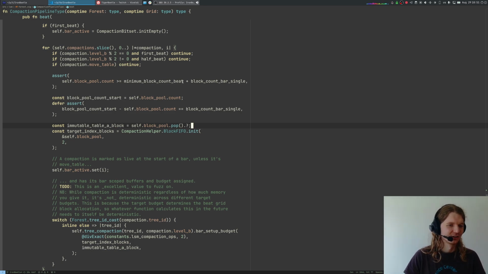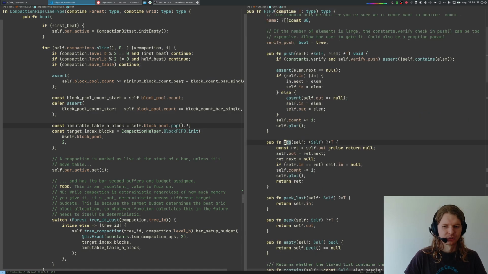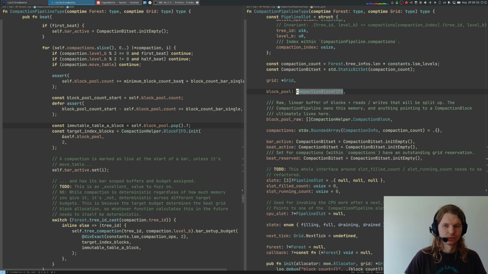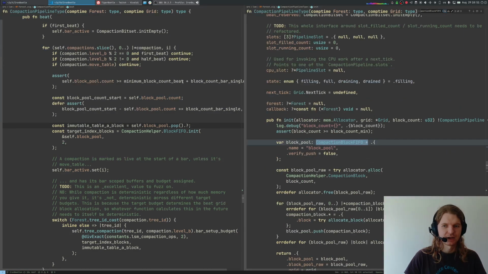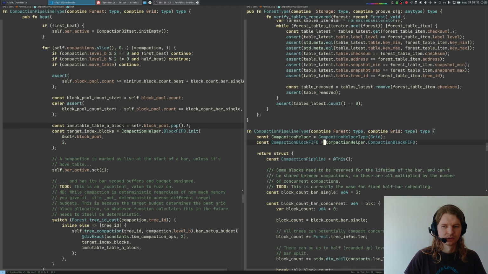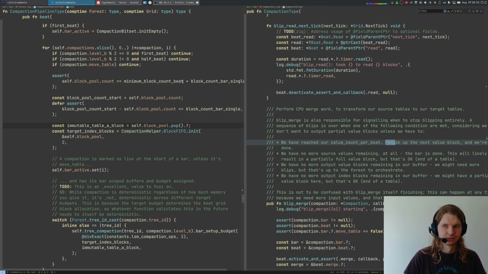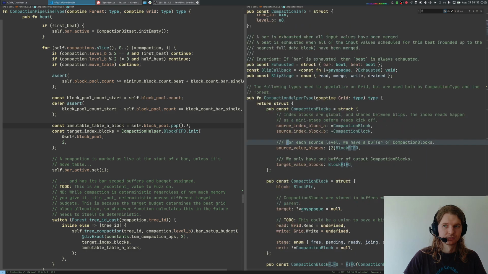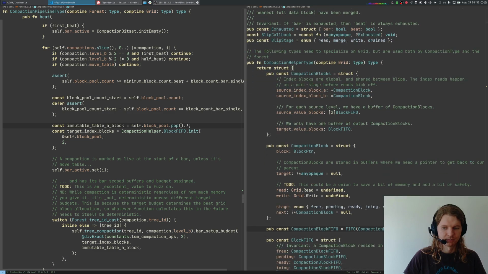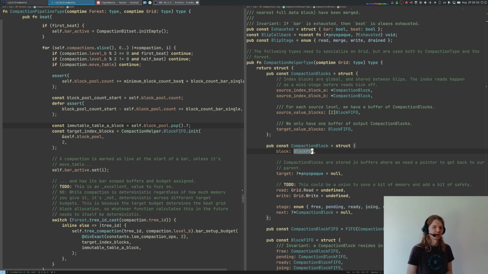Well, actually, what is this thing? What is block pool? Okay, block pool is a FIFO compaction helper. FIFO of compaction block, and compaction block is block, read, and write.